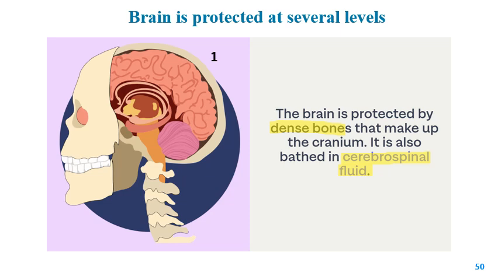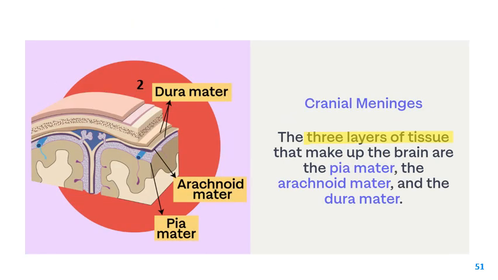That's also going to be protective, right? So let's go one by one here. So you have your dense bones. Then here you're going to have your meninges, right? There are 3 meninges. The one that is closest to the outside is your tough mother, right? So that's the dura mater. The one that is in the middle is the spidery mother. So here's your arachnoid mother, right in the middle.